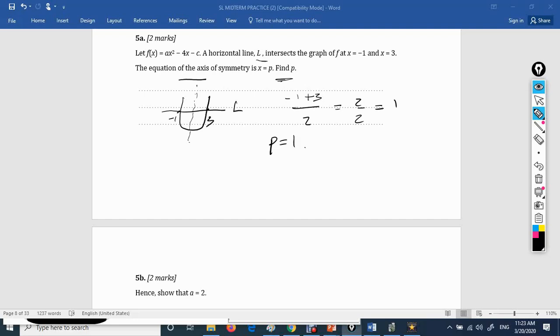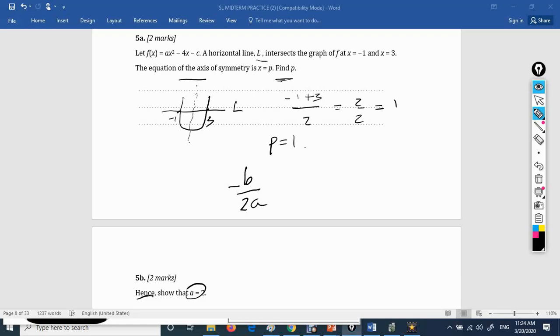In the next question, they're saying, well, hence, show that a equals 2. Let's just solve that one right here so we can see that. So hence, right? Now for that we can use the equation for the axis of symmetry. It's minus b divided by 2 times a.